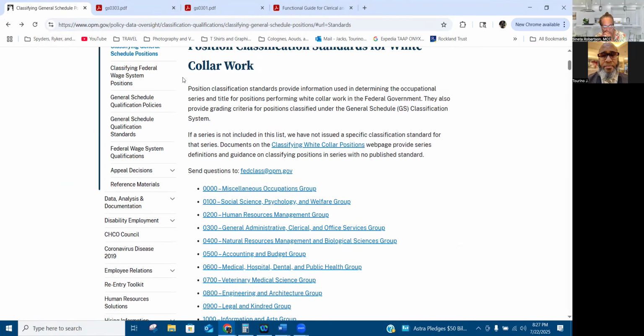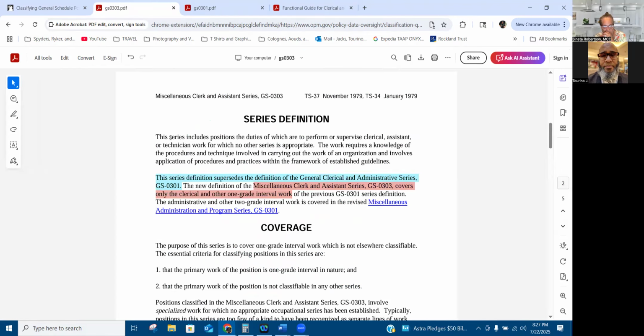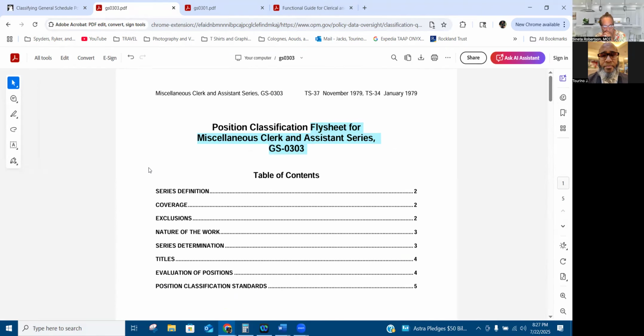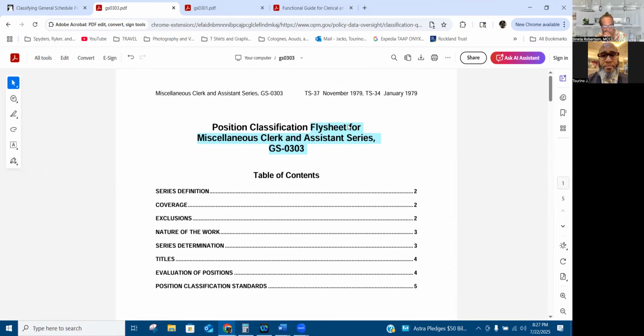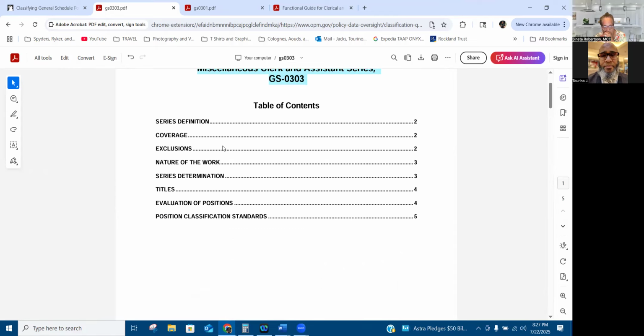Okay. All right, so let me see what other thing we had discussed. So when I realize that I've got a classification standard, it should only be a couple of pages, usually up to 5 pages, right? And I'm going to make sure that I meet all these things, definition, all that stuff.